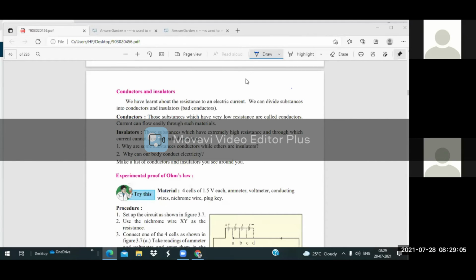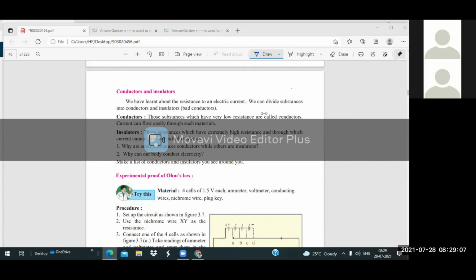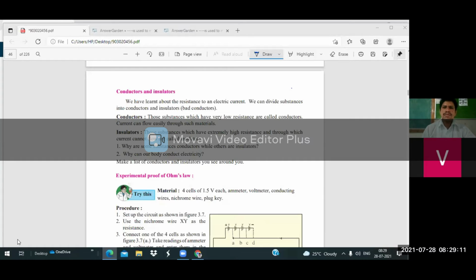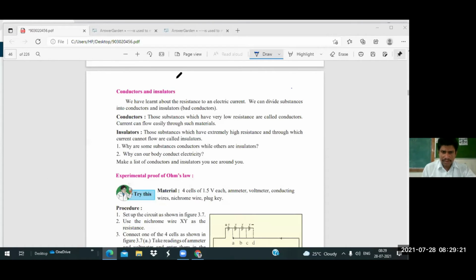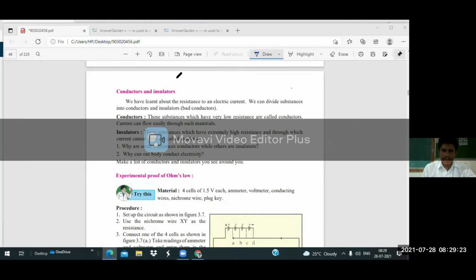Shreya Vagule. Our body conducts electricity because in our body there are free positive and negative charges. Very good. Dheeraj Mate.